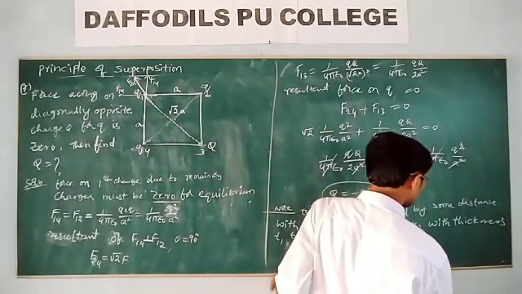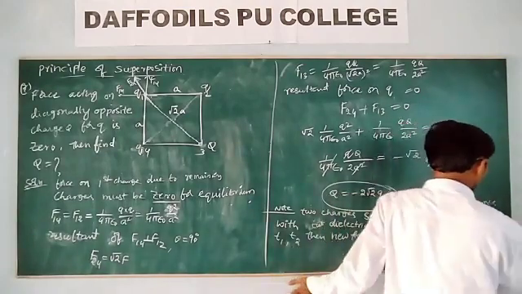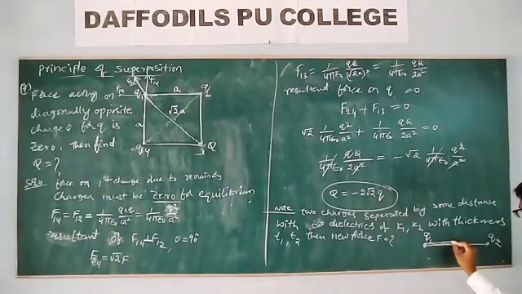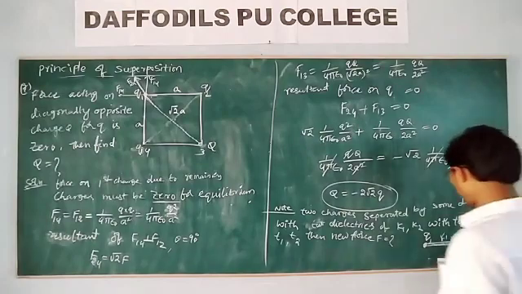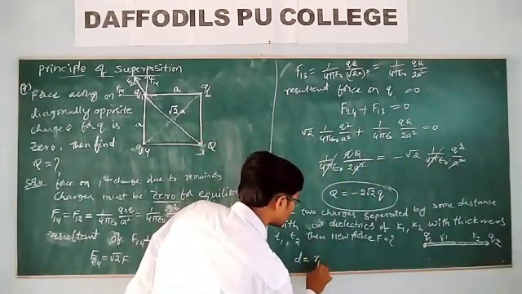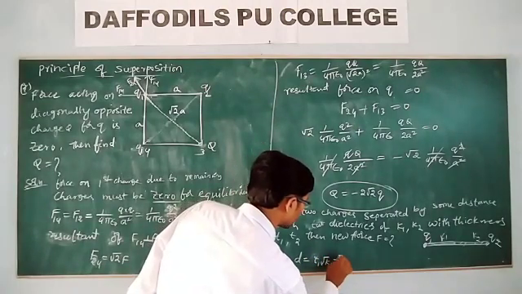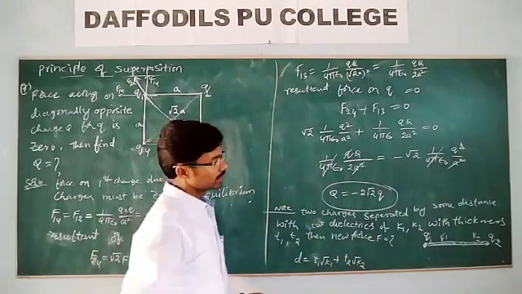Look at this, here it is Q1 and here it is Q2. Now here one medium we have taken and here another medium, and this thickness has dielectric constant K1, and this one has dielectric constant K2. Then the resultant D is equal to T1 into root K1 plus T2 into root K2.